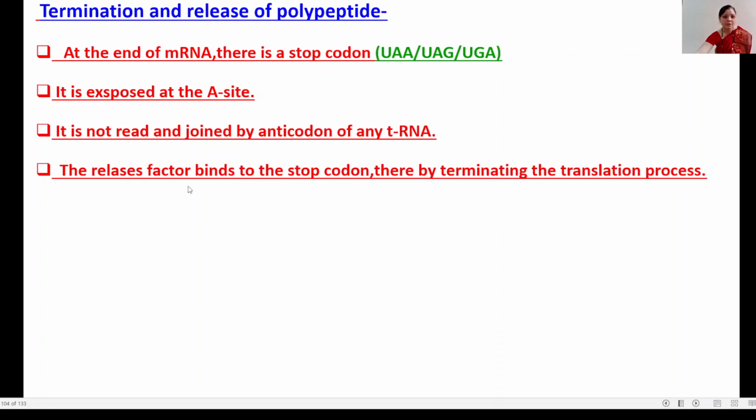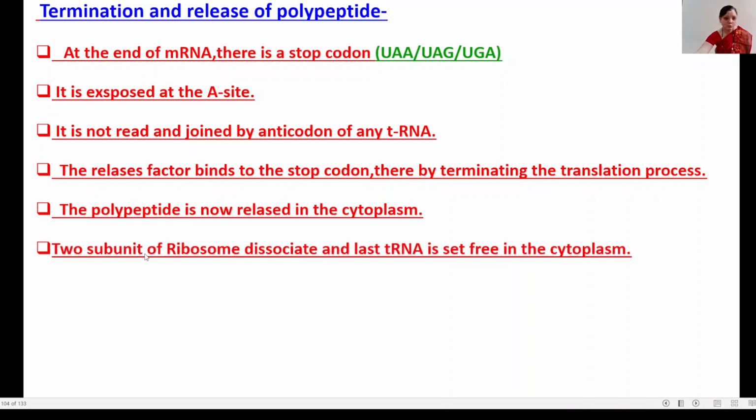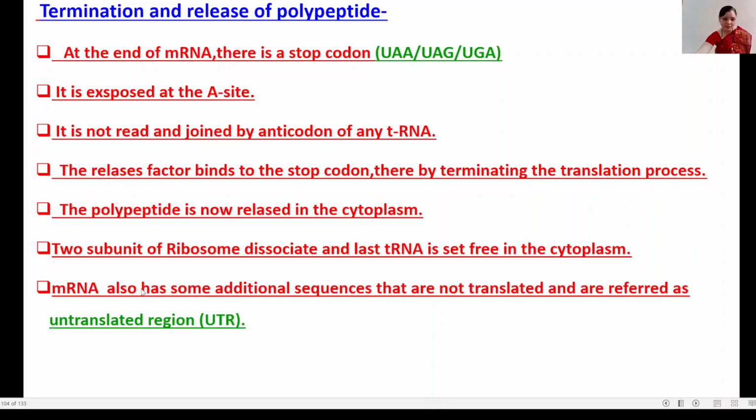The release factor binds to the stop codon, thereby terminating the translation process. The polypeptide is now released in the cytoplasm. The two subunits of the ribosome then dissociate and the last tRNA is set free in the cytoplasm.